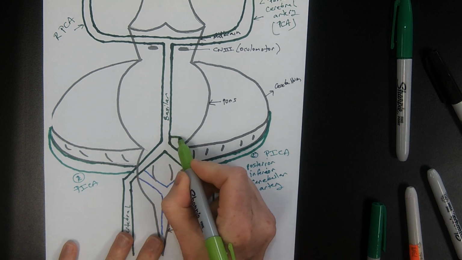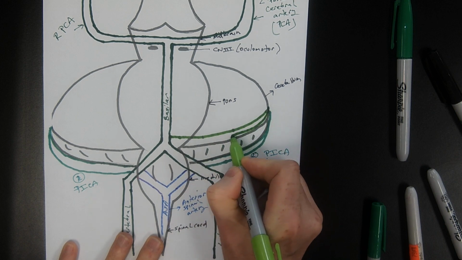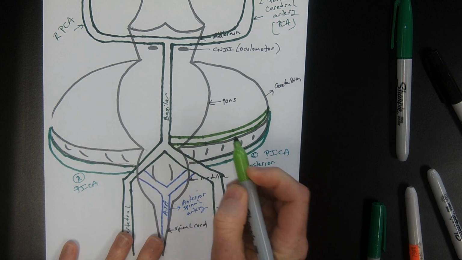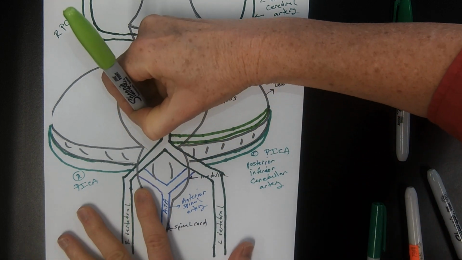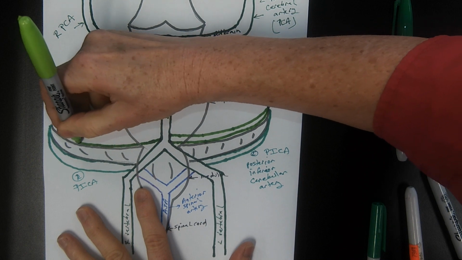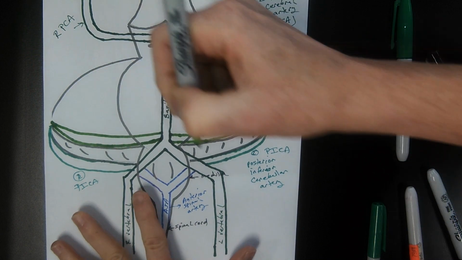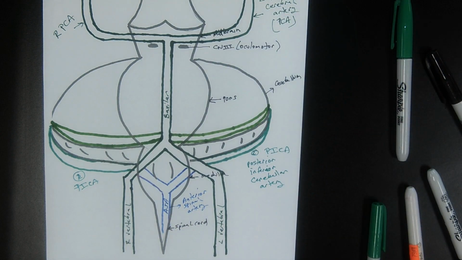It supplies the anterior inferior surface of the cerebellum with blood. So given that, what do you think it would be called? Any guesses? AICA, A-I-C-A. It's PICA's sister, AICA.